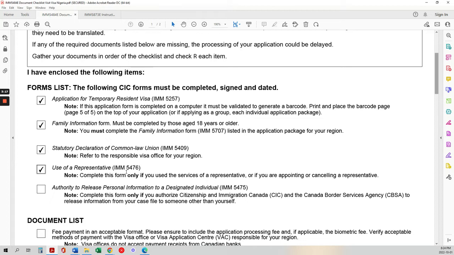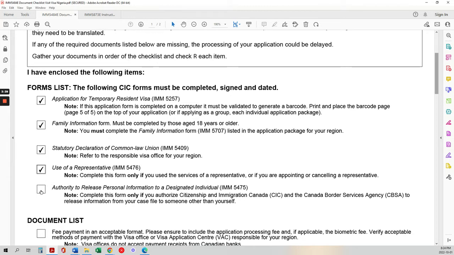So if you have hired an agent to represent you, or a relative or whoever that you are appointing must have one of these forms filled out. Or if you are appointing or canceling a representative.